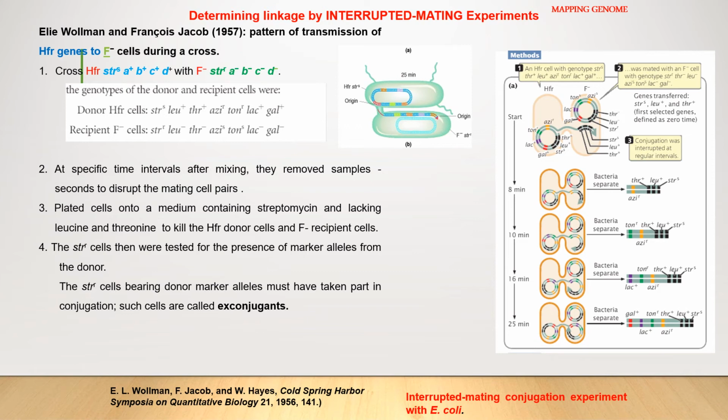In bacterial mapping by interrupted conjugation, the base unit of distance between genes is the minute rather than the recombination frequency percentage.